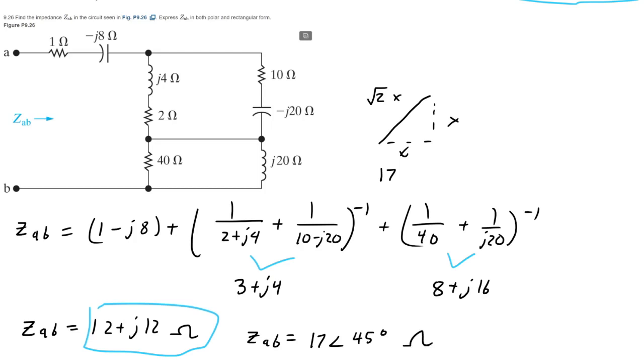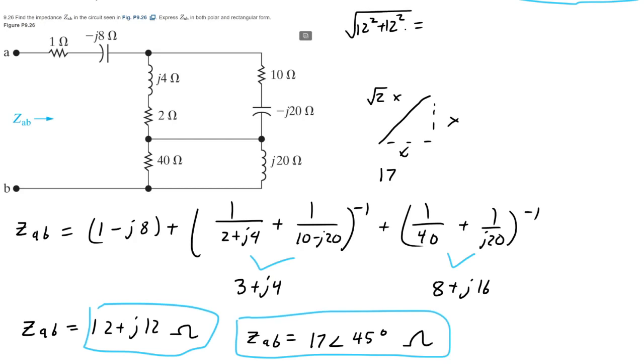And if you want to be more thorough, basically all we have to do is say, okay, 12 squared plus 12 squared is whatever square root 288 is. And the tangent inverse of 12 divided by 12, tangent inverse of 1, is 45 degrees. So this one's pretty simple.